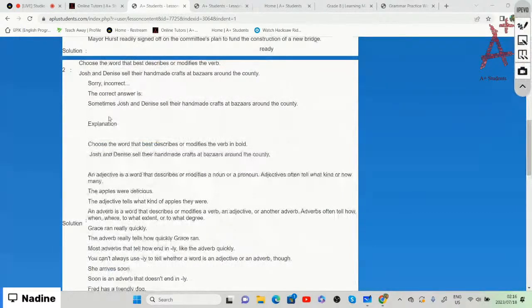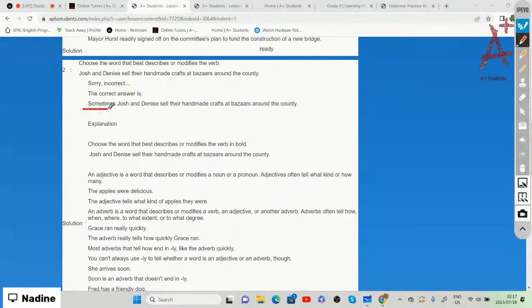Josh and Denise sell their handmade crafts at bazaars around the county, right? So we actually need to choose an adverb, and in this case, they are saying sometimes.